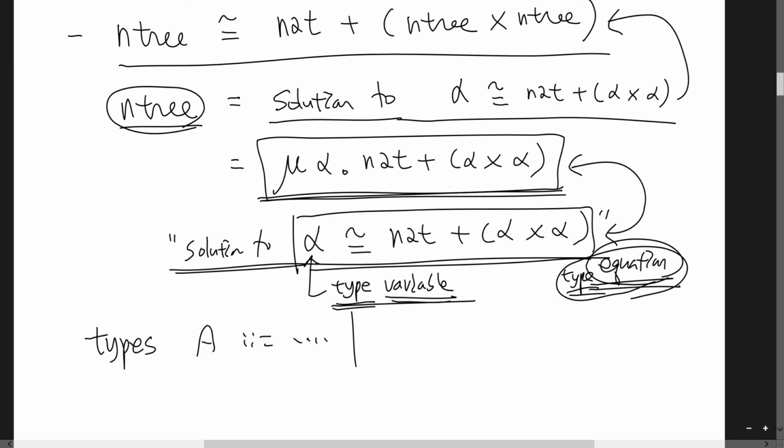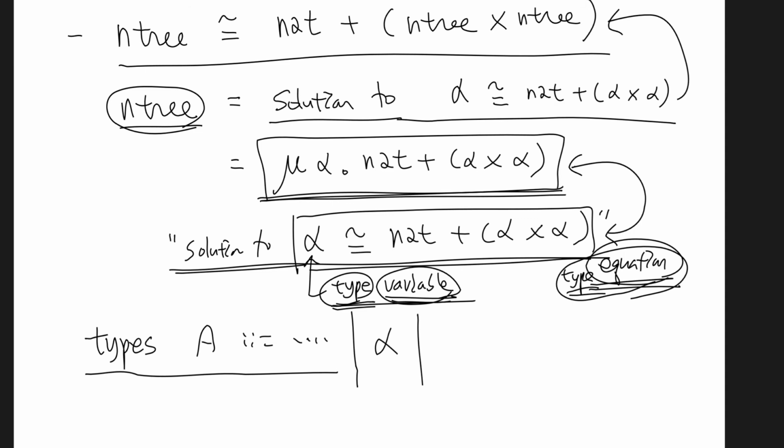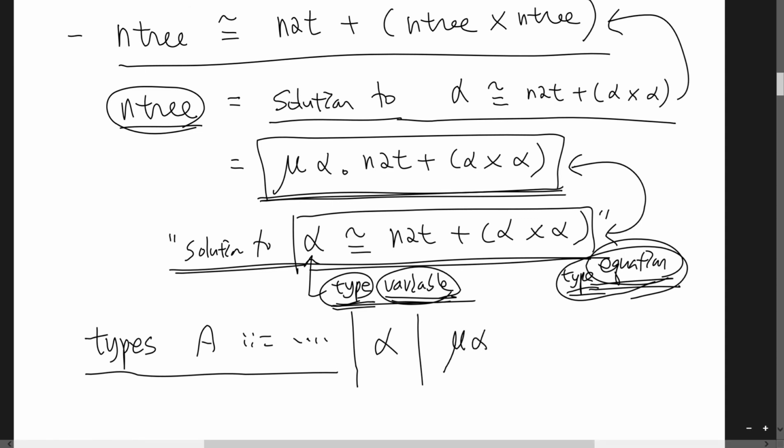So the first component of this new definition of types is the type variable, and we use these Greek letters alpha, beta, gamma, etc. Then we have the syntax for recursive type, which is mu alpha dot A. So this is the new definition of types.